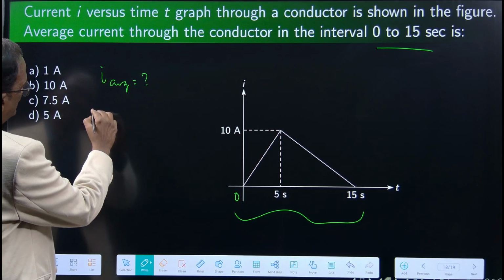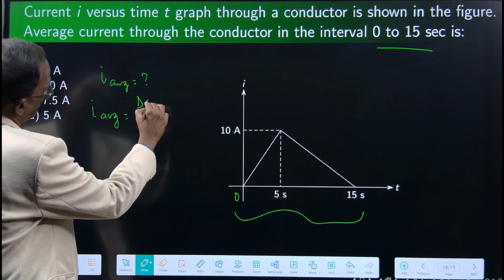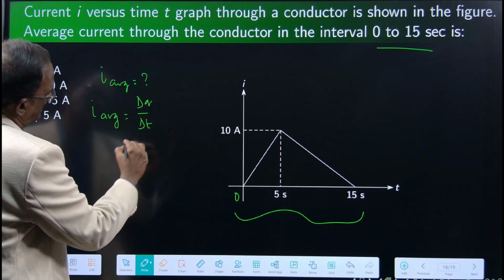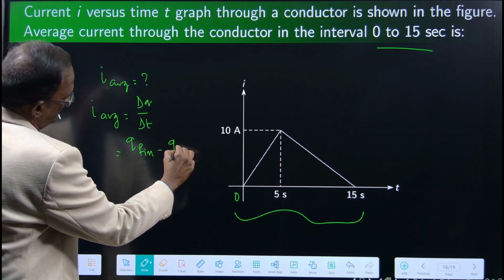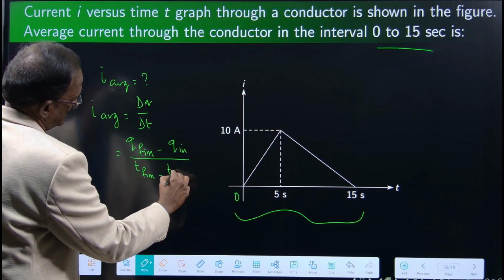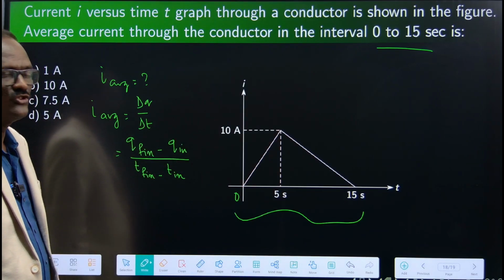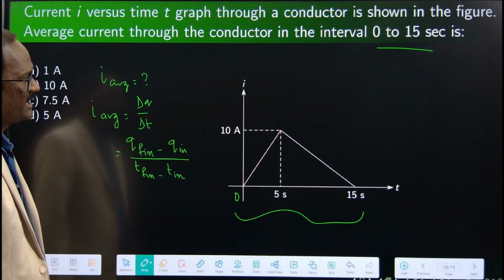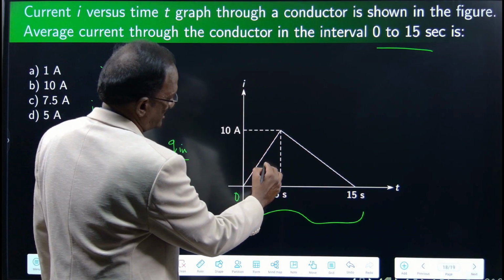So I average is equal to, what is the formula? Delta Q upon delta T, that is Q final minus Q initial upon T final minus T initial. But the graph is not Q versus T, it is I versus T. So we have to find the Q value here.